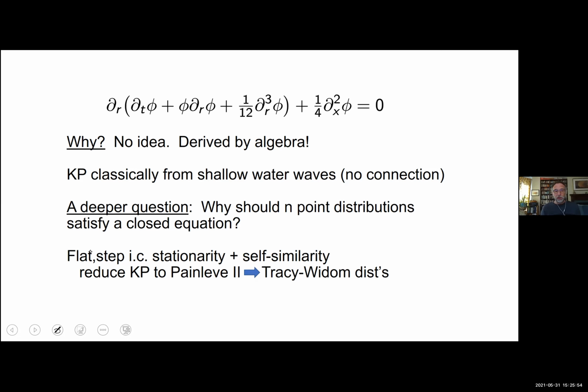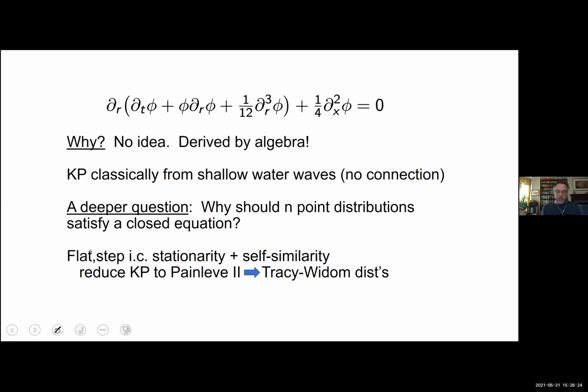If people are familiar with this field, they've heard that for flat or step initial conditions, one gets, for the one-point distribution, the Tracy-Widom distributions, and I'll show you in the next slide that these things just fall out immediately from such a picture.